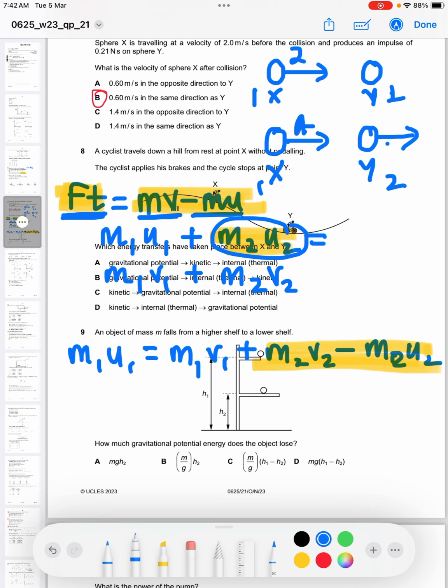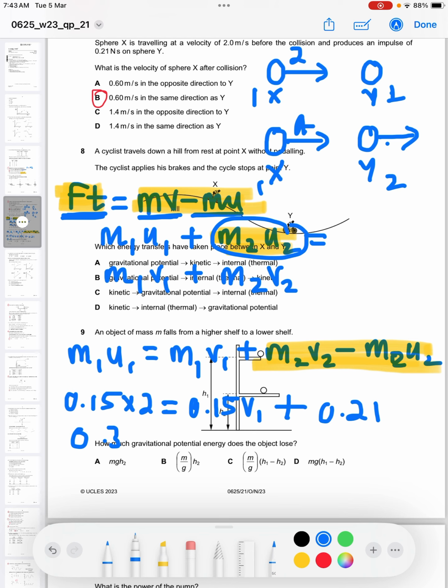So now I can substitute values. The mass is 0.15, the initial speed of sphere x is 2, then the mass again is 0.15. We are looking for the speed of sphere 1, plus the change in momentum, which is the impulse, 0.21. So 0.15 times 2 is 0.3.